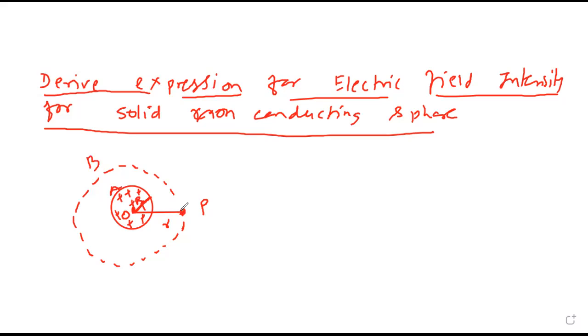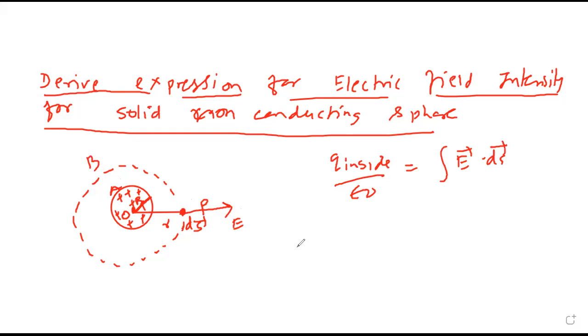It will pass through point P. Intensity at point P is directed normally outward. dS bar is the elemental area surrounding point P. By Gauss's law, charge inside upon epsilon naught is the integral of E bar dot dS bar.